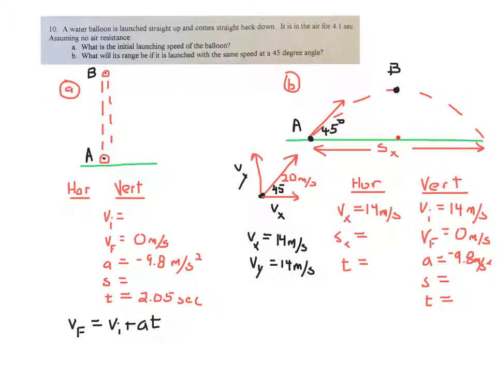So say T comes up to be 1.5 seconds when you calculate this over here for the vertical motion getting to point B. Then you have to put in 3 seconds right here for this time. And then once you have that 3 seconds, or whatever it is, it's going to be around 3, then you can use V equals S over T to get what you're looking for, the range.